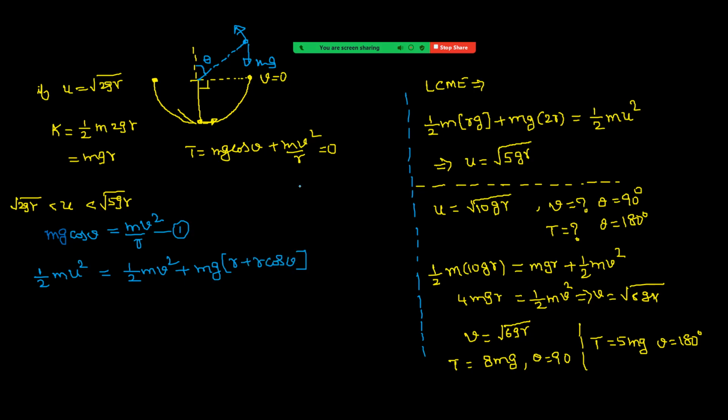See carefully once. This is r. Now this is how much corresponds to this one. This is now r cos theta. That is r cos theta.